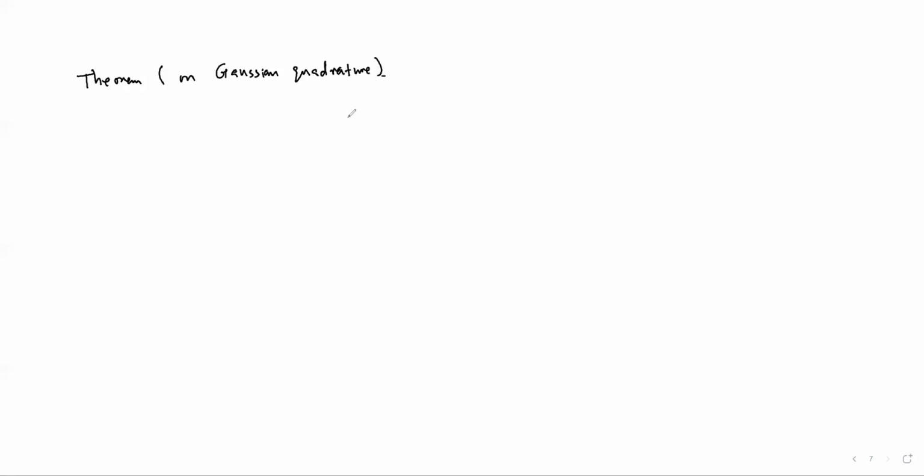Gaussian quadrature is very popular because this quadrature rule is exact for polynomials of degree up to 2n plus 1, very accurate. And then W is greater than 0, and in this space.